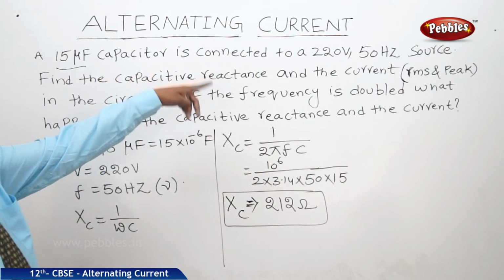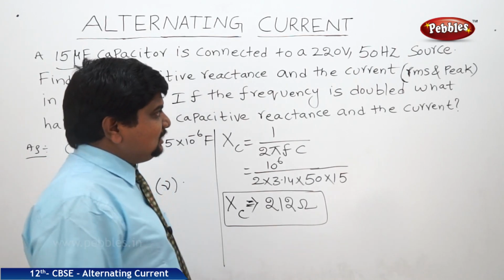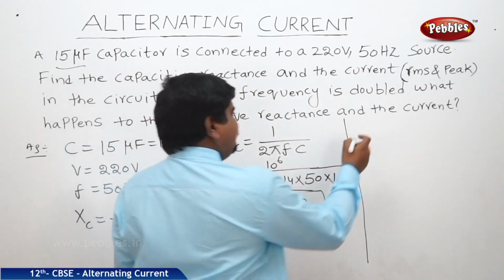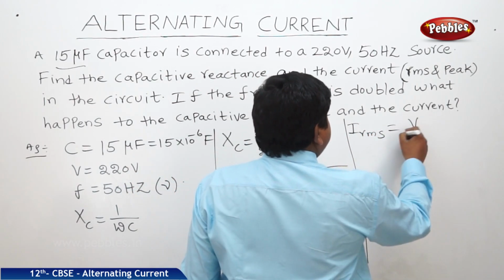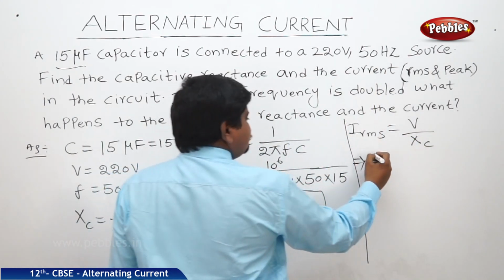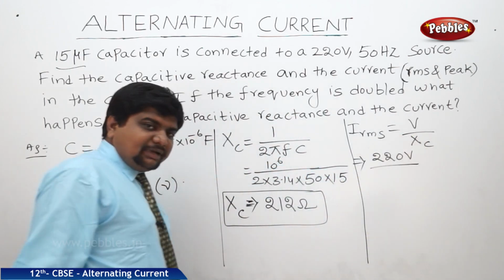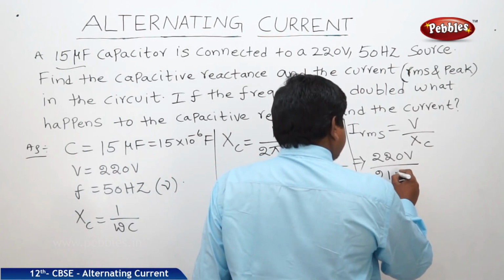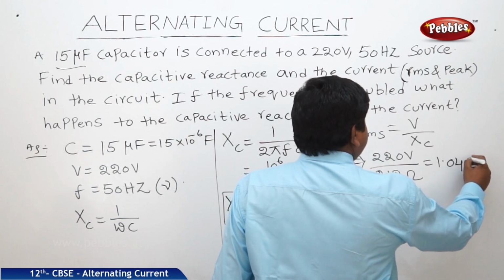Second one, current, RMS and peak. We should find out the RMS and peak. Now we are finding the IRMS. The formula is V by Xc. VRMS voltage is 220 volts, Xc is the capacitive reactance, 212. The answer is 1.04 ampere.